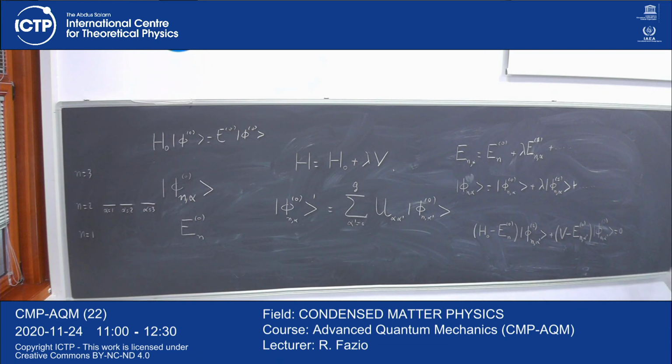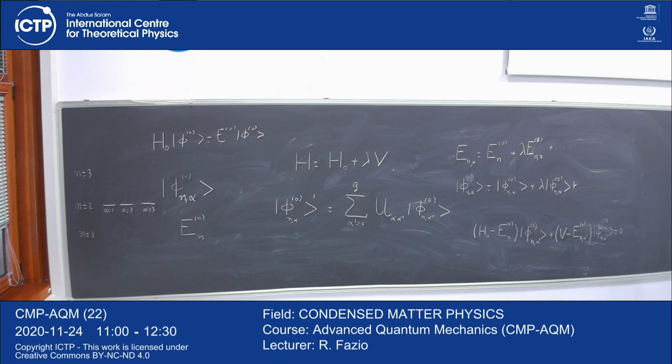Professor, I have a question for the equation at the bottom. You wrote V minus E0 and alpha prime. So you said E0 does not depend on alpha, but what about that one?